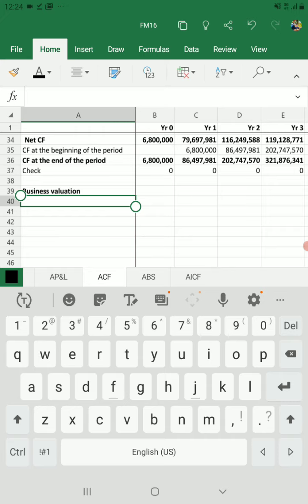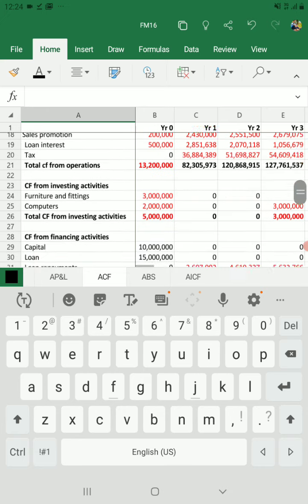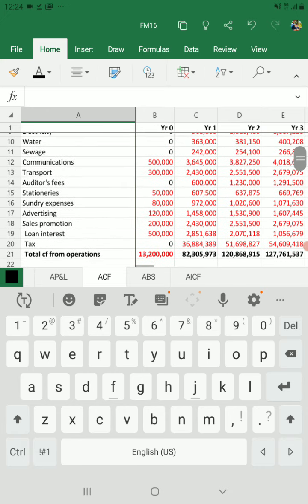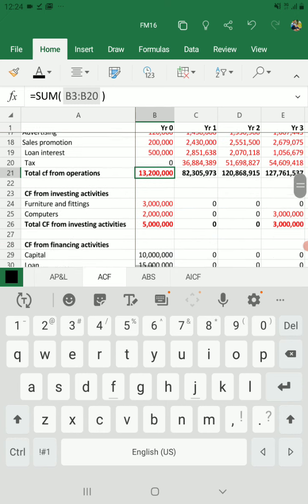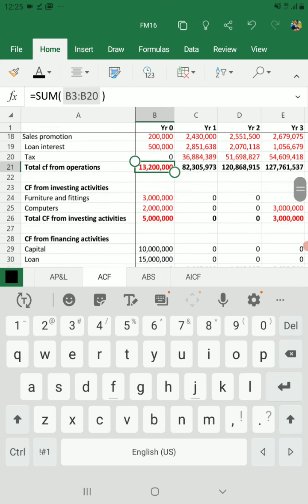And this is the cash flow or the residue cash flow after deducting all needs for working capital requirements in the cash flow from operations here, and deducting cash flow from investing activities.